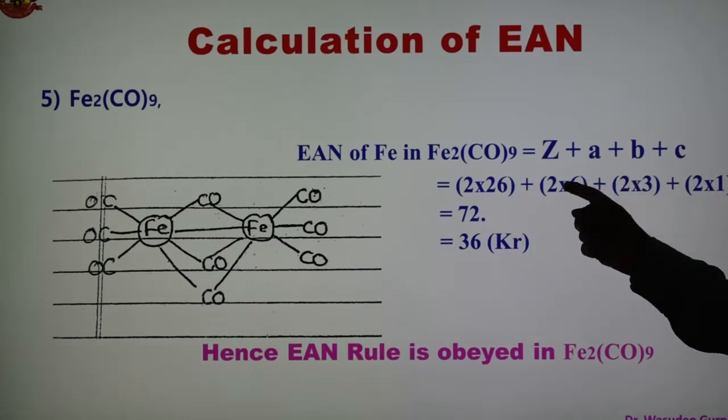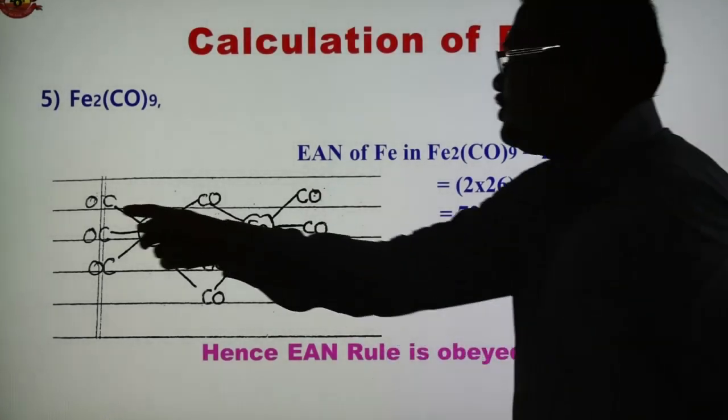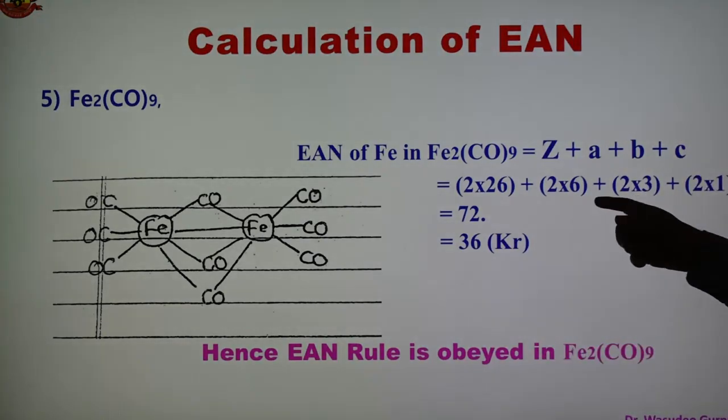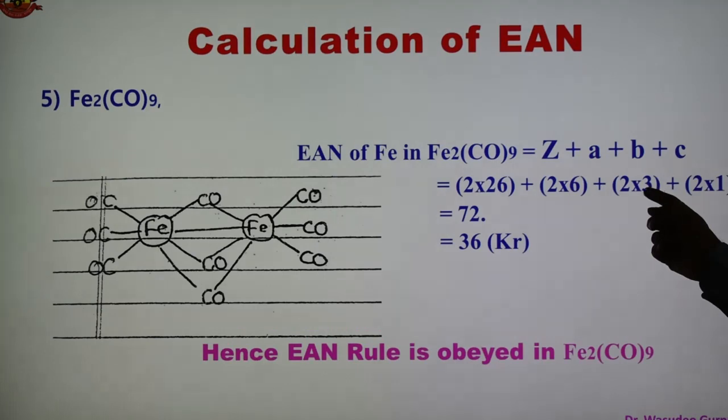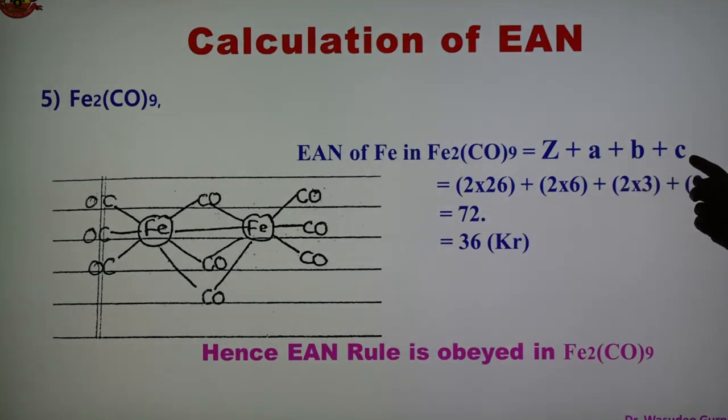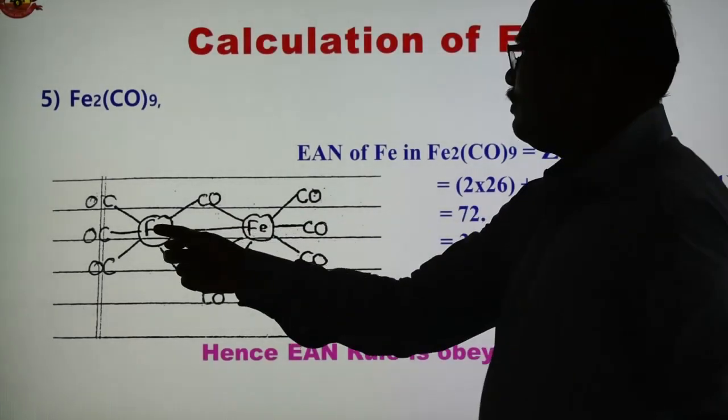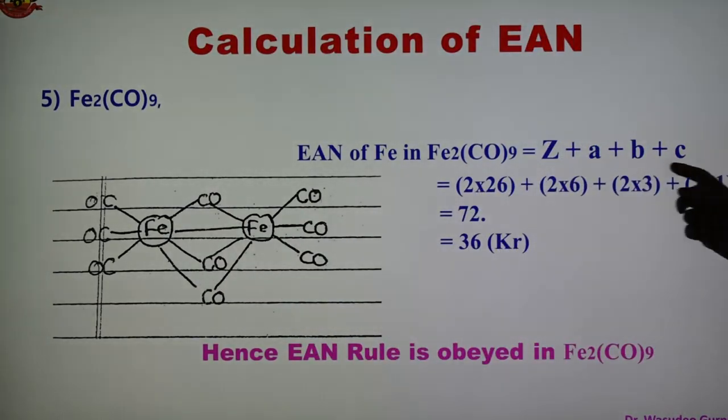A is the terminal: 3 and 3, 6 in total, so 2 into 6. Bridge carbonyls are also there, 3 of them, so 2 into 3. The metal bond is 1, so 2 into 1. After adding all these, the answer is coming 72.